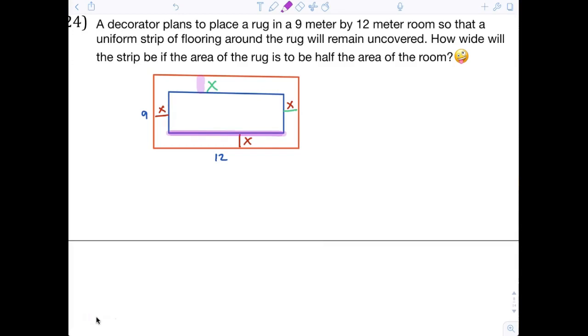Very good, girl. That is exactly right. It is 12 minus 2X. Now, no one's allowed to tell me what the next answer is, or everybody is except for Abby. So that is 12 minus 2X. And then the other one would be 9 minus 2X. Now, if you're not sure why it's 9 minus 2X and 12 minus 2X, now's the time to ask.